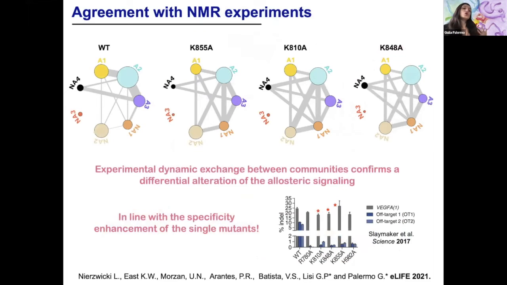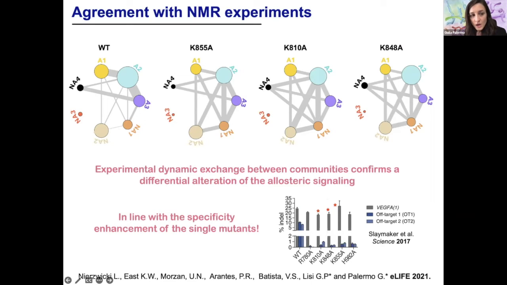So of course this was computed, and we wondered how this would hold in reality, right? This is all we wondered. And we decided to compare with NMR data, with the experimental dynamic exchange. So here you can see the HNH communities, which come from the computations that show synchronized dynamics.